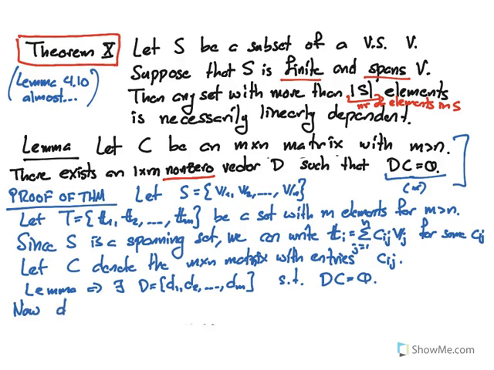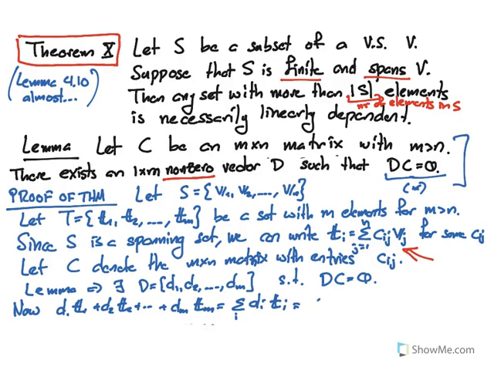So let's see if that works out. So d1 times t1 plus d2 times t2, and so on. It turns out to be easiest to write this as a sum using this summation notation. So now I'm going to plug in this relationship for the ti's.